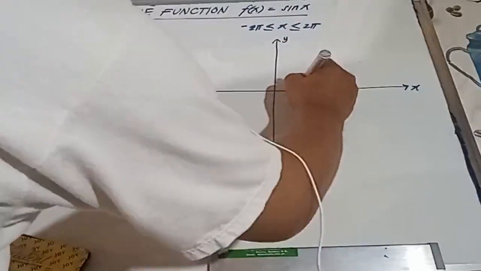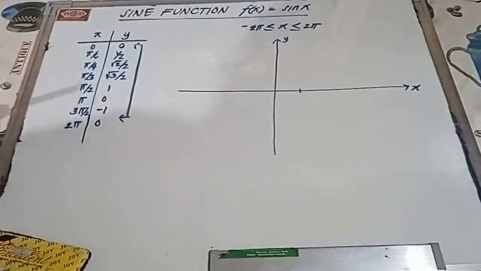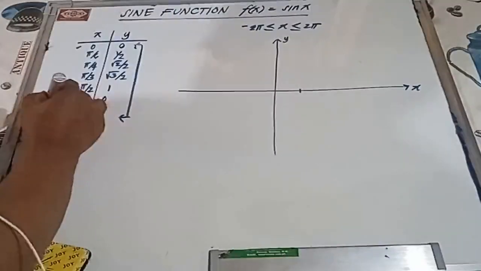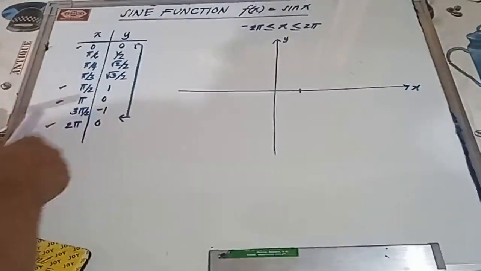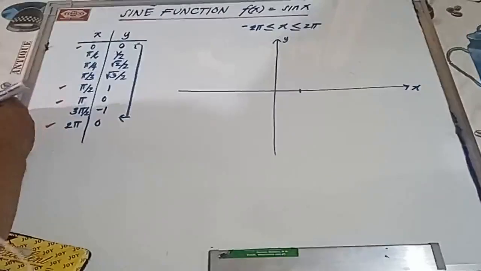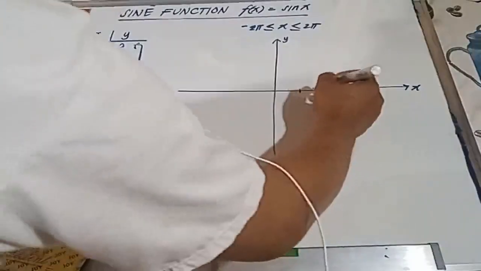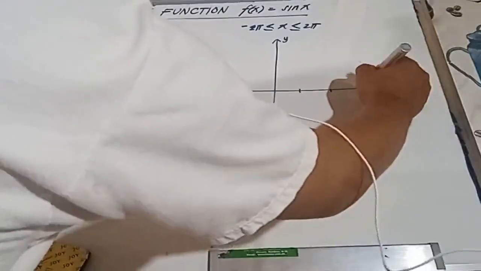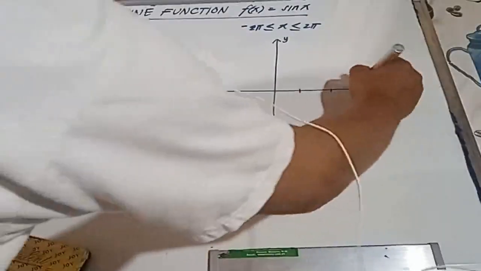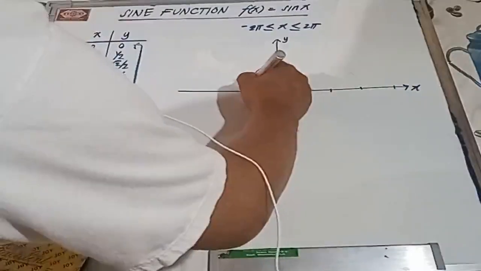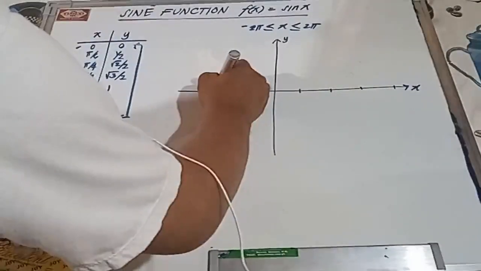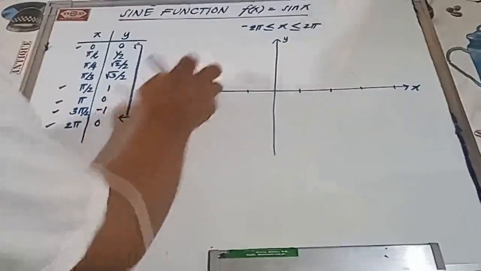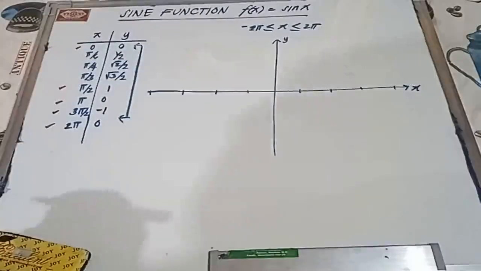So, we have 0, pi over 2, pi, 3 pi over 2, and 2 pi. Dito, ganun din, negative pi over 2, negative pi, negative 3 pi over 2, and negative 2 pi. Yun yung values na negative 2 pi less than or equal to x, less than or equal to 2 pi.